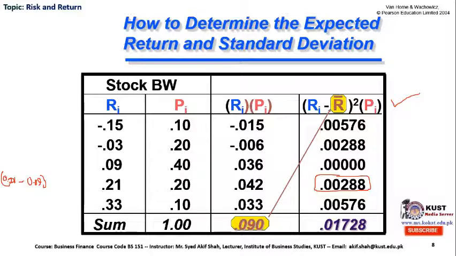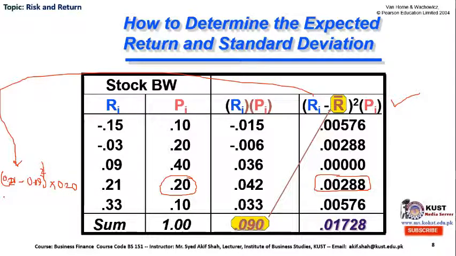This is actually 2, not 1: Ri minus R bar, whole square. Then multiply by the relevant probability, which is 20% in this case. A 20% chance is there, so 0.20.